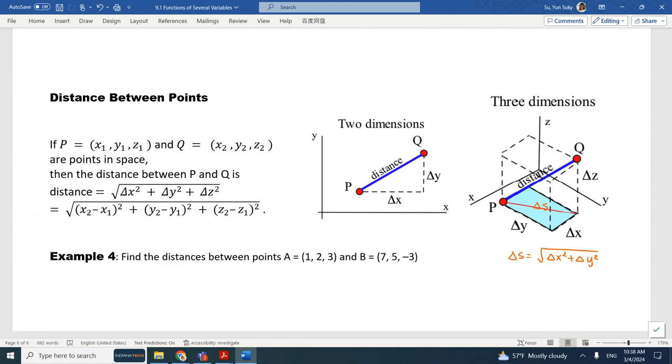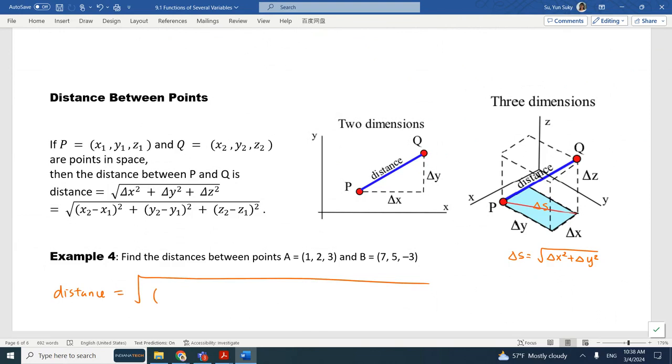And you have change of s squared plus change of z squared is this distance squared. Therefore, it just becomes change of x squared plus change of y squared plus change of z squared. Okay?